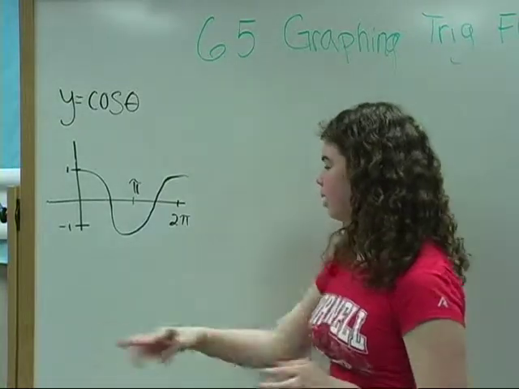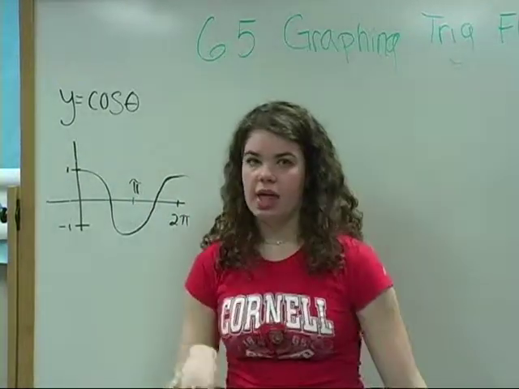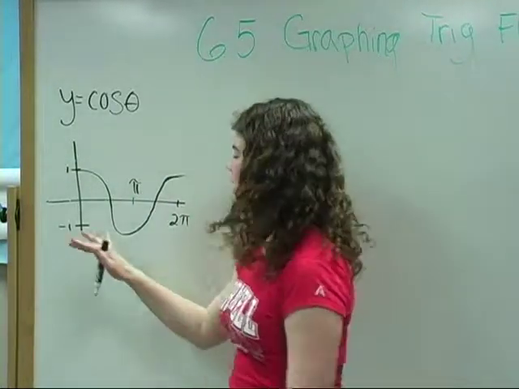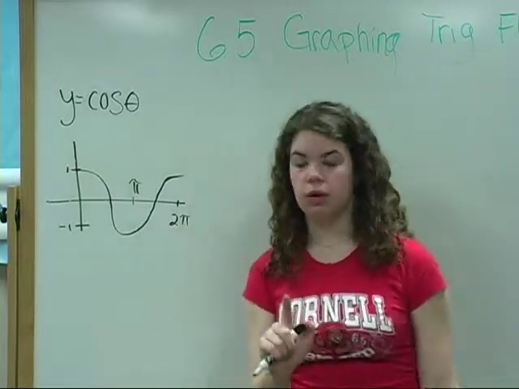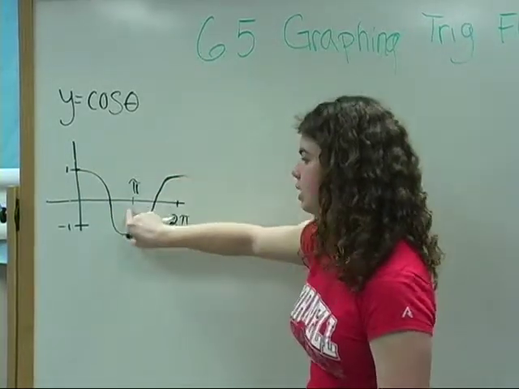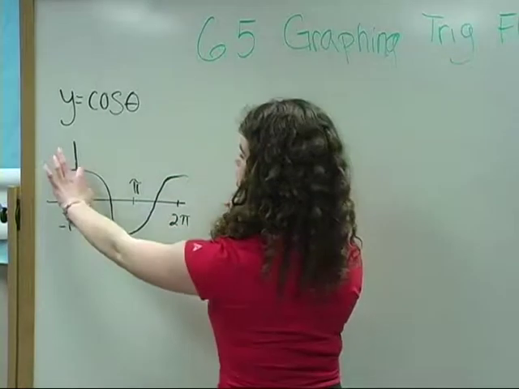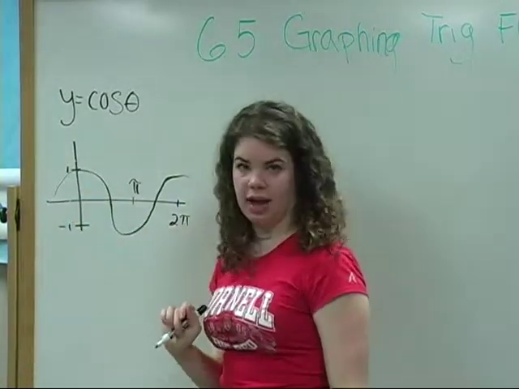Now, when looking at the graph, we see that it goes from 0 to 2 pi. That's your period. The period is how long your graph takes to complete one cycle. So this is an entire cycle, an entire top curve and an entire bottom curve. If you see these two pieces fit together, they would make one solid curve like that.